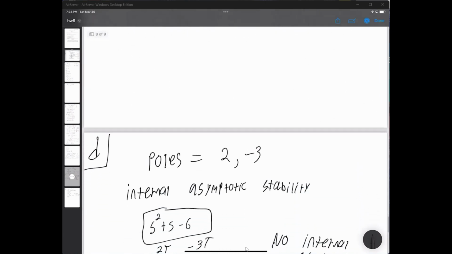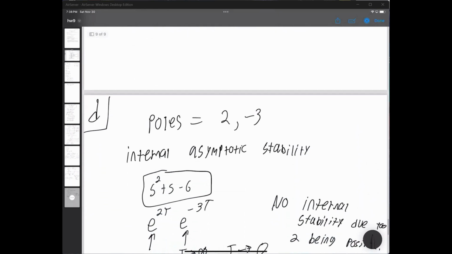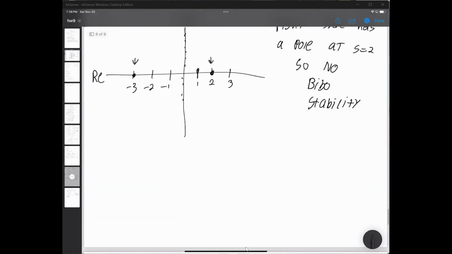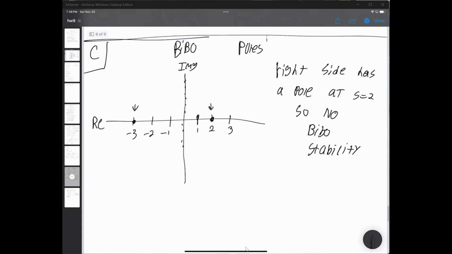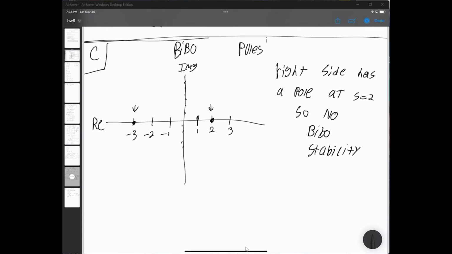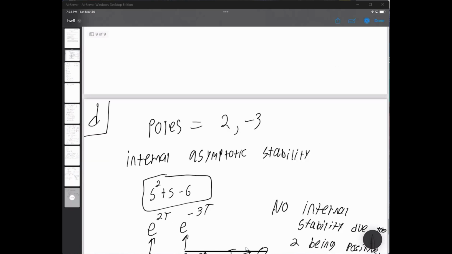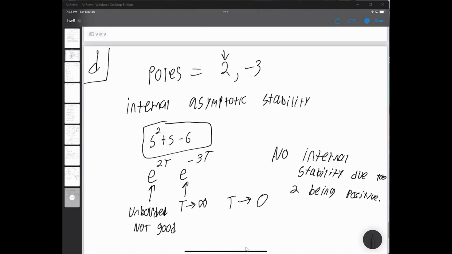And as to whether this is internal asymptotic stability, well, it's the opposite kind of deal for BIBO. I think it has the same concept. The fact that it is not a negative number, we have 2. 2 breaks the pattern.